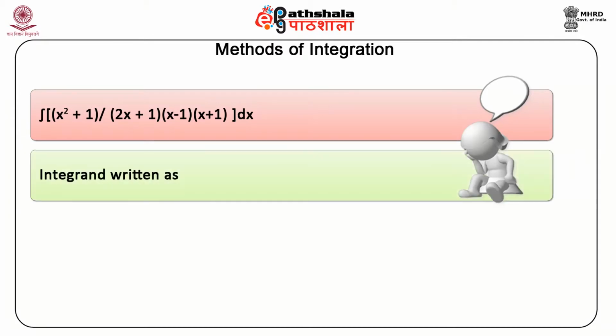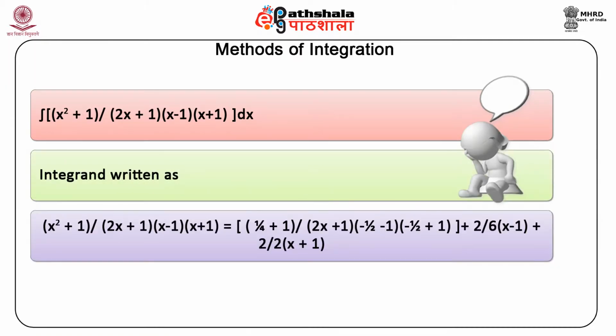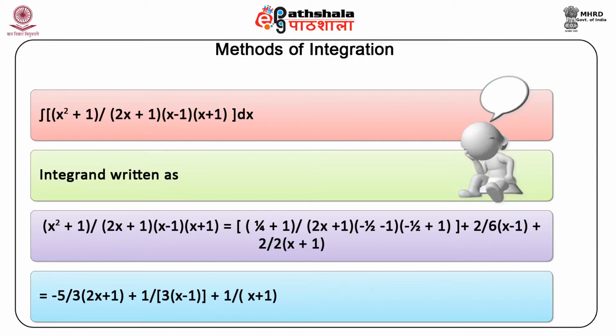The integrand can be written as x squared plus 1 divided by (2x plus 1)(x minus 1)(x plus 1), which is equal to 1/4 plus 1 divided by 2 times (minus half minus 1)(minus half plus 1), plus 2 divided by 6 times (x minus 1), plus 2 divided by 2 times (x plus 1), which is equal to minus 5 divided by 3(2x plus 1) plus 1 divided by 3(x minus 1) plus 1 divided by (x plus 1).